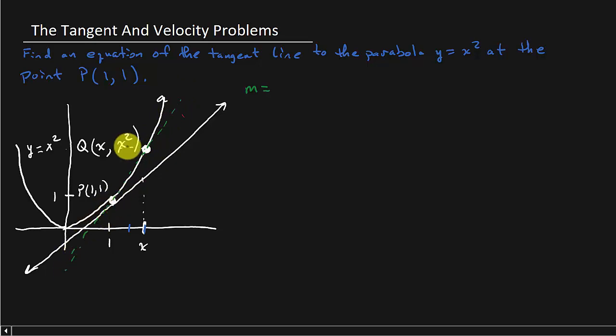So remember, that's y2, which is x squared, minus y1, which is 1, over x2, which is x, minus x1, which is 1. And so this would be the slope, and let me write this as the slope with a subscript PQ, to let me know that's the slope of the line joining the points P and Q. All right?